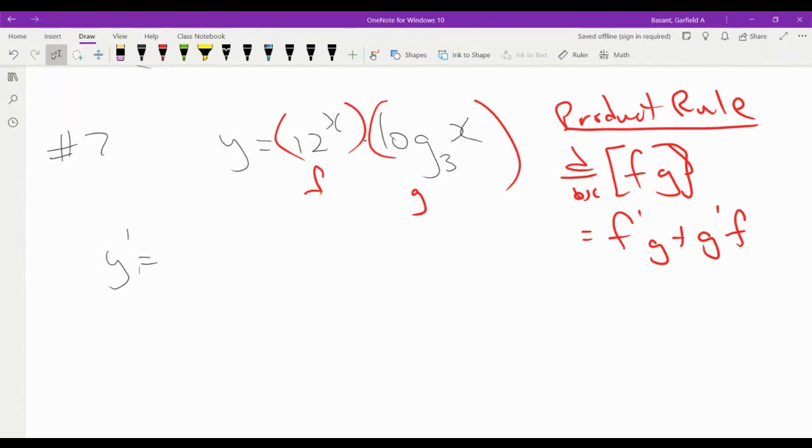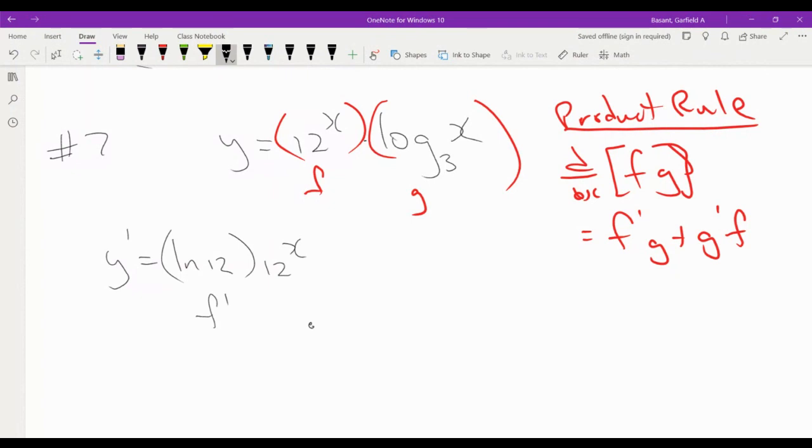Just 12? Marta, are you sure? Is it ln of 12 times 12 to the x? Very good. We just talked about this, right? And so this is going to be the ln of the base times 12 to the x. It is an exponential function whose base is not e. So this is our f prime.